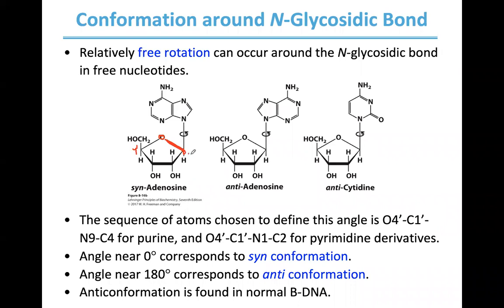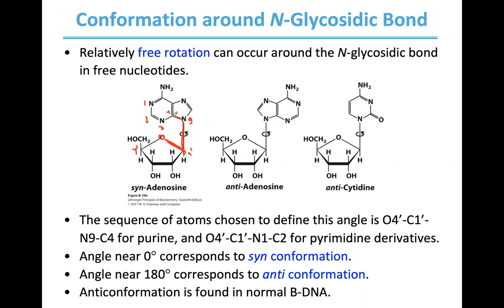This is 1 prime. Then we'll go to N9. This is position 9, remember, of a purine. And then C4. If this is 1, 2, 3, 4, it's this bond.